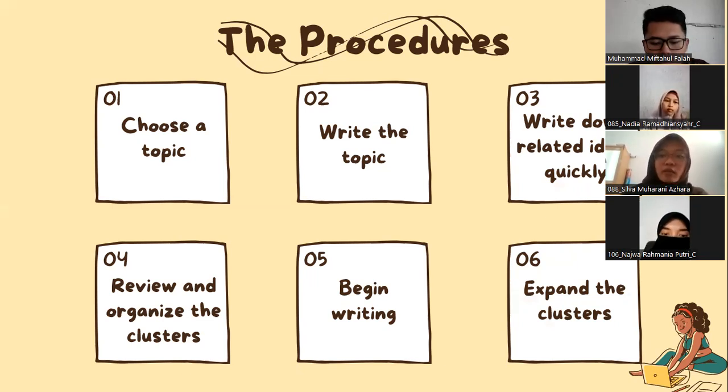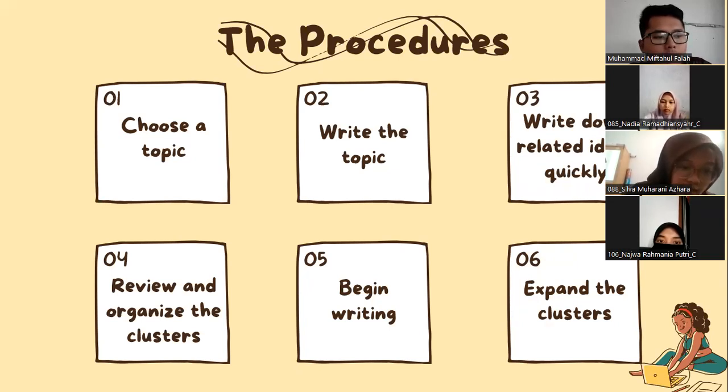Third, write down related ideas quickly. Once you have a topic, write down the words or ideas you get, then circle each word and connect them with the topic in the center. Fourth, review and organize the cluster. All the ideas in the cluster diagram will be connected to each other.